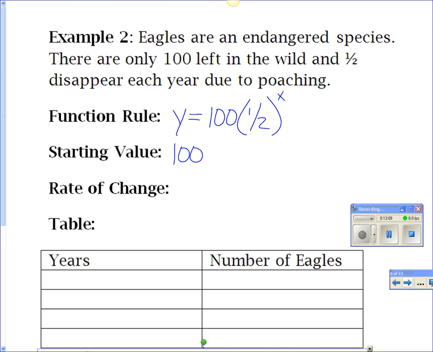There is no rate of change. Is it increasing or decreasing? Decreasing. We'll talk about that in a minute. It'll make more sense when we actually look at the table. Okay, so I'm going to put 100 for the Eagles. What has to go with the starting value? 0.